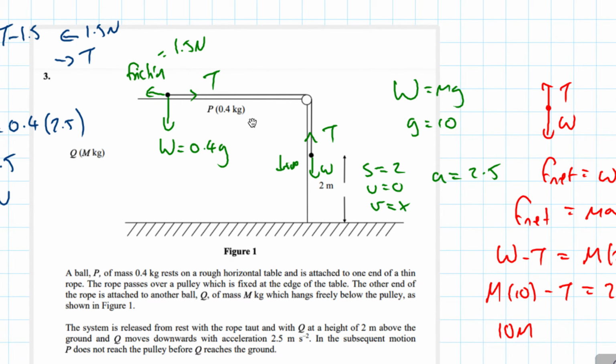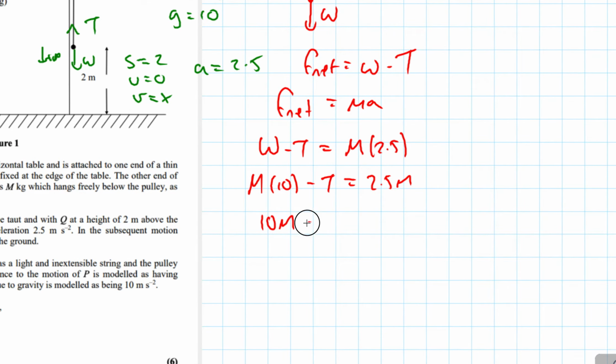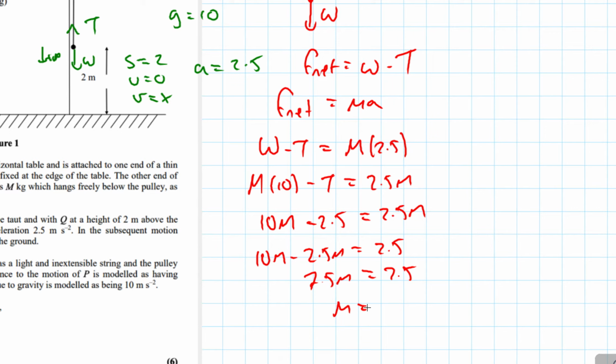The tension on both balls is the same due to the rope, so the tension is 2.5. So it's 10M minus 2.5 equals 2.5M. Rearranging, 10M minus 2.5M equals 2.5, so 7.5M equals 2.5. Therefore M is equal to 2.5 divided by 7.5, which is a third. So M is equal to a third kilograms.